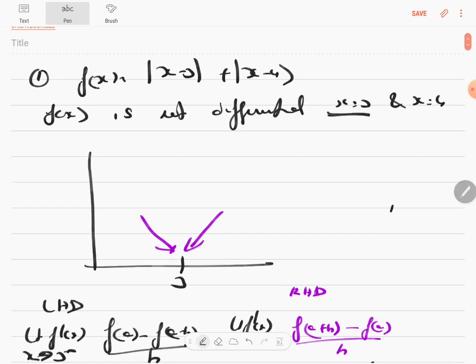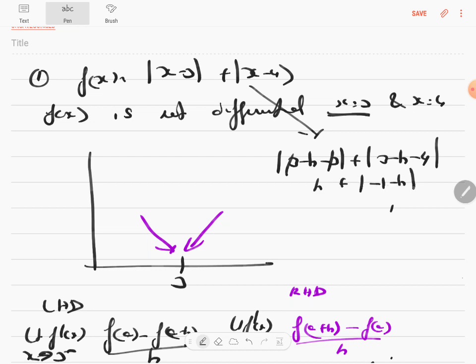I'm substituting 3 minus h in place of x: mod of 3 minus h minus 3 plus mod of 3 minus h minus 4. 3 and 3 get cancelled, minus h will become plus h. Plus this will become mod of minus 1 minus h. Okay, minus 1 minus h.